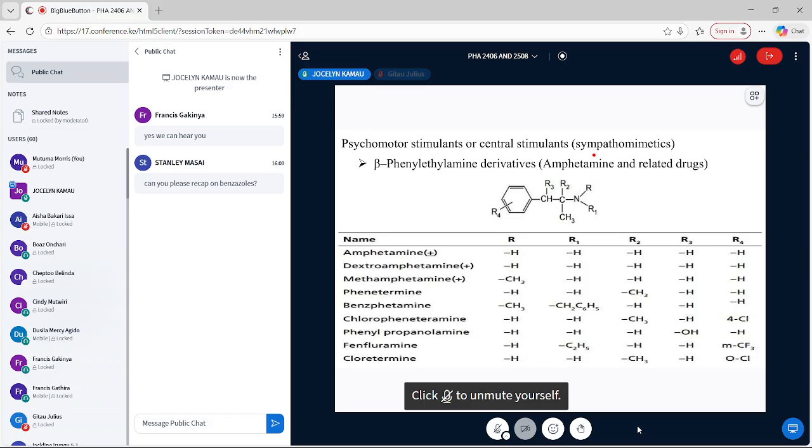So the first one we call amphetamine. When you come to look at amphetamine, we mentioned that it has a chiral center, and the dextroisomer is the one which has the higher stimulatory activity. In amphetamine, R1 is a hydrogen, R2 is a hydrogen, R3 is a hydrogen, and R4 are actually hydrogens.